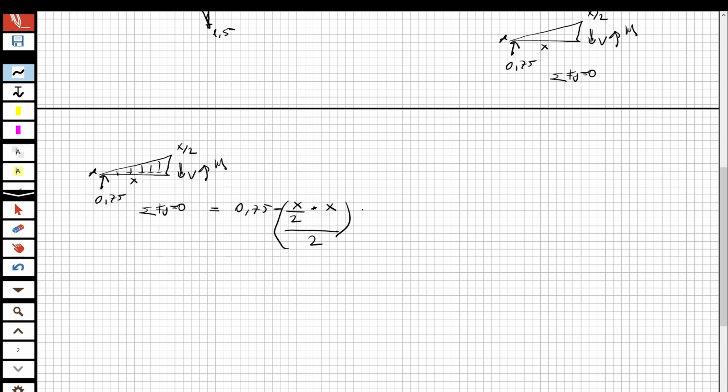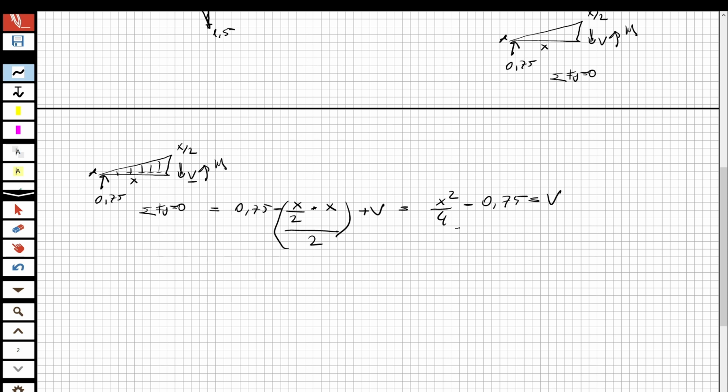And I have a shear, plus shear as this shear. So what is the formulation of this one? It's going to be, let's take this 2 out, x squared over 4 minus 0.75, and this is going to be equal to the shear force equation.